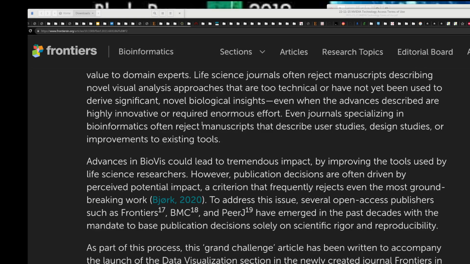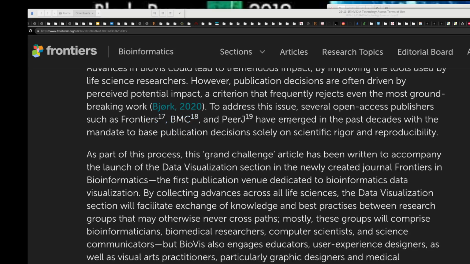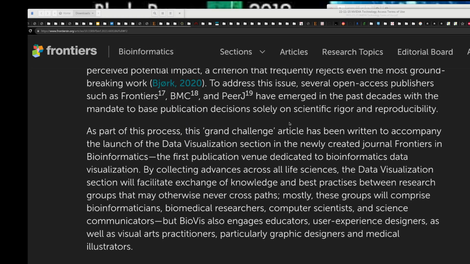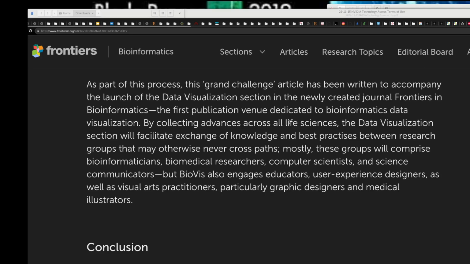To address this issue, several open-access publishers such as Frontiers (17), BMC (18), and PeerJ (19) have emerged in the past decades with the mandate to base publication decisions solely on scientific rigor and reproducibility. As part of this process, this Grand Challenge article has been written to accompany the launch of the data visualization section in the newly created journal Frontiers in Bioinformatics, the first publication venue dedicated to bioinformatics data visualization.